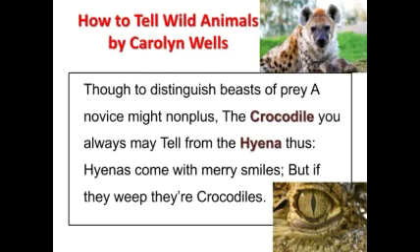How does the poet express the two different features? The crocodile, the weeping crocodile, and the laughing hyena. Crocodiles always weep when they eat their prey or when they protect their eyes from any enemy or any kind of danger.